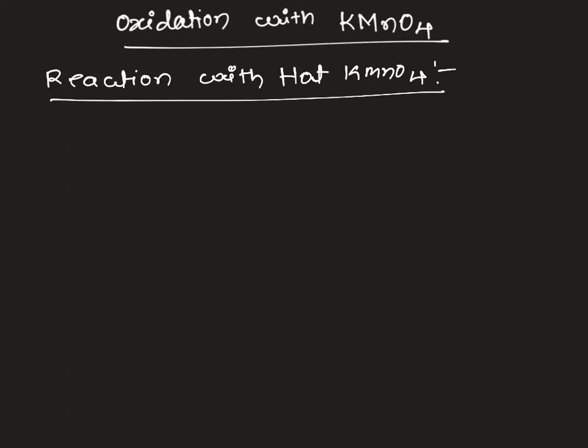Whenever we are reacting alkene with hot KMnO4, it gives carboxylic acids and ketones. Let's take an example. I am taking propene, reacting with hot KMnO4.